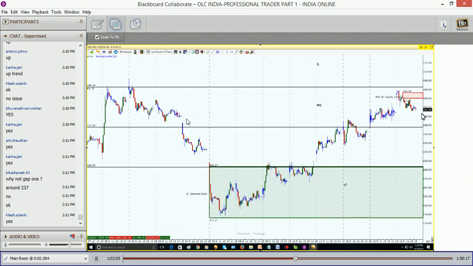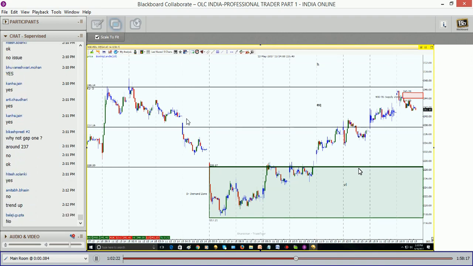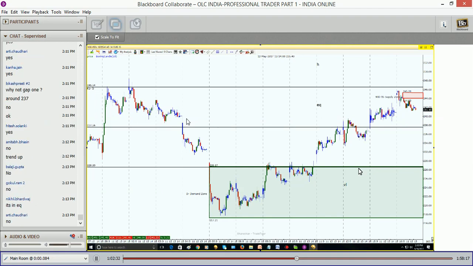Now this supply zone, can I look to short over here? Yes or no? Take a moment to think about it before giving me a yes or a no, friends. No, absolutely, because we are only allowed to short in the high or the very high of the curve.